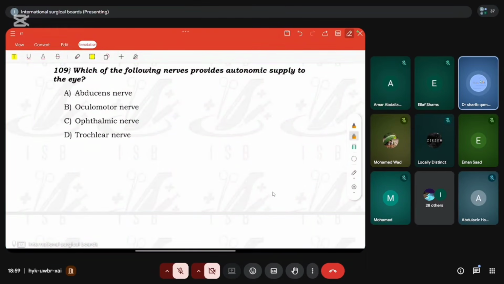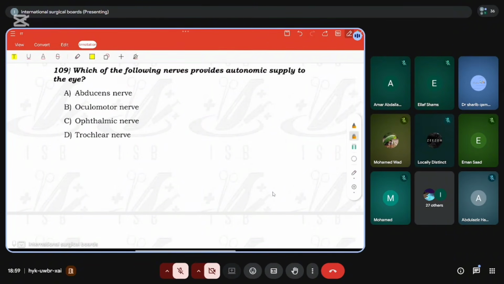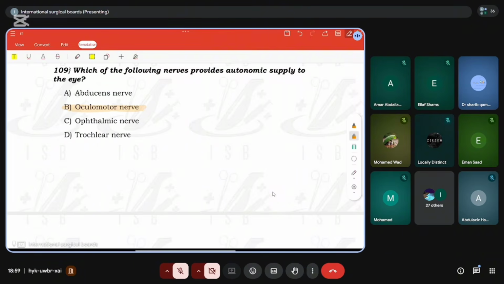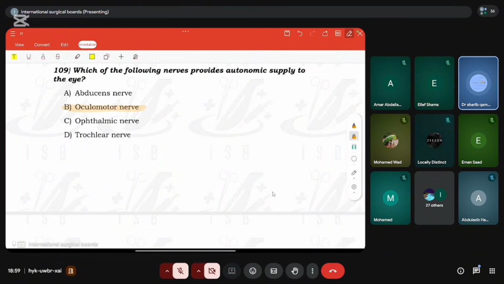They're asking which of the following nerves provides the autonomic supply to the eye, and that's oculomotor nerve, right? Yeah, there's no fun in saying it's oculomotor nerve, right? What's the name? Edinger nucleus. Yes, they have this parasympathetic fiber from the Edinger-Westphal nucleus. Yeah, very good.